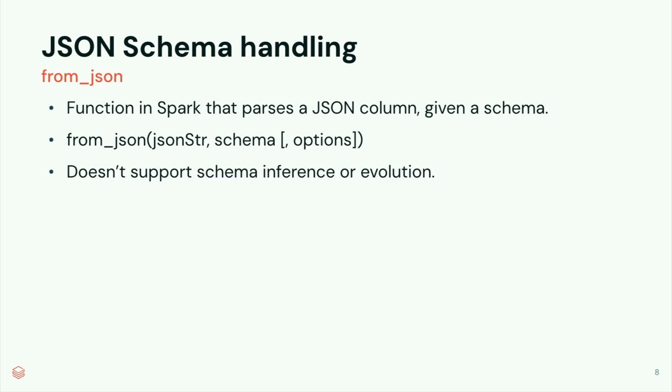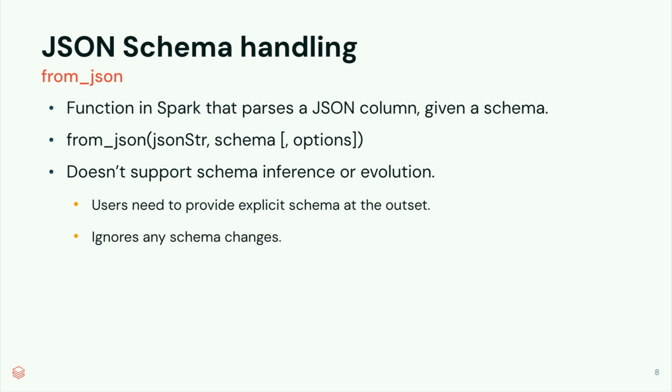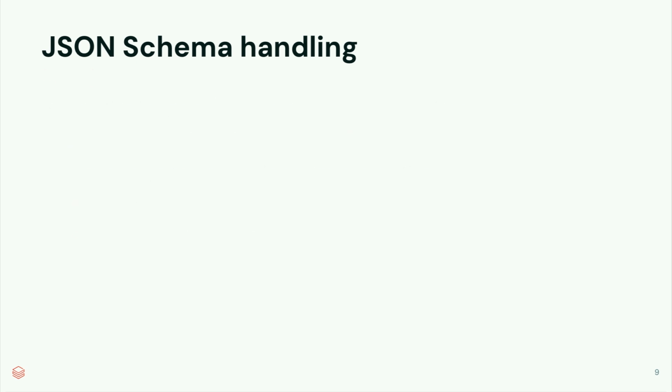The major challenge with using from_json is that it doesn't support schema inference and evolution, meaning you have to specify the schema as a parameter at the beginning. And let's say you specify the schema, and over a period of time the data has new fields or the schema changes, those changes would be ignored because the schema doesn't have those fields. So that's a challenge.